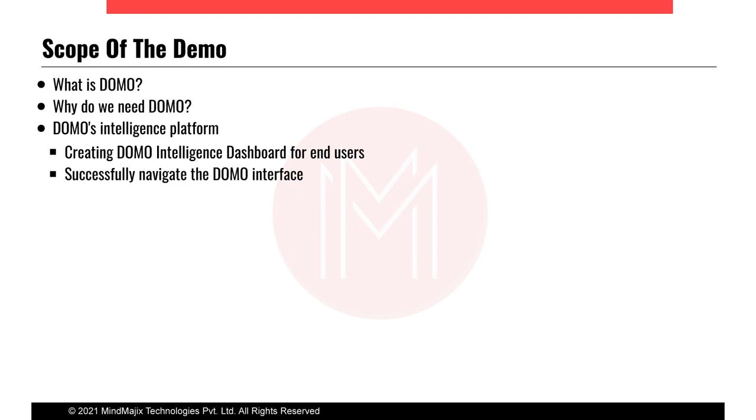Domo has been a very recent addition, I would say, in the BI space, business intelligence space, right? I say that because Domo was founded only in 2010. There are other players in the BI industry like Tableau, Power BI, which have been in this space for a long time.